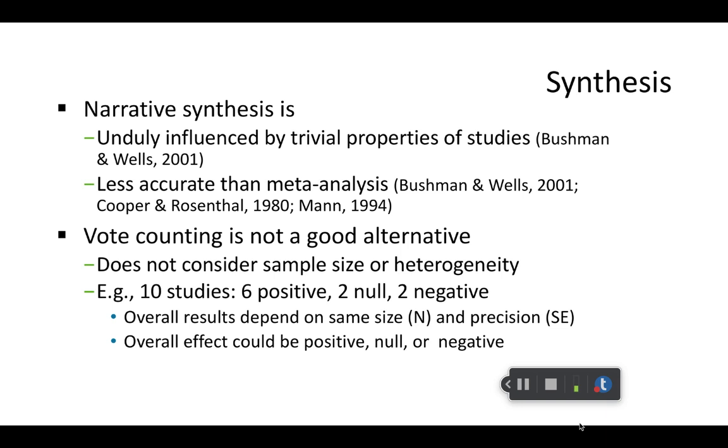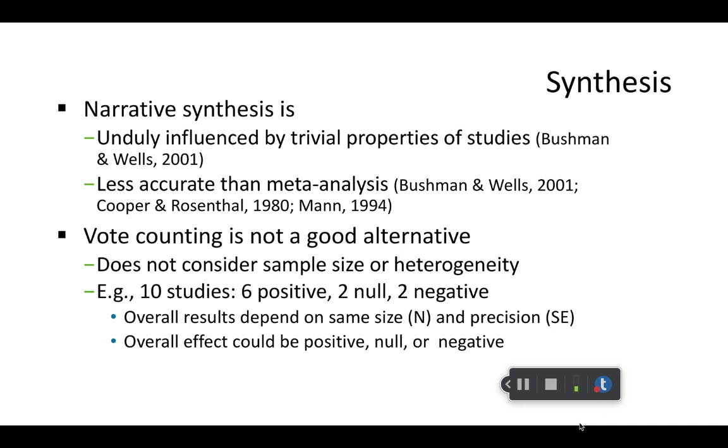And 2 of them had negative results. But this tells you absolutely nothing about what this body of research says, because it doesn't consider the size of these samples or the variations within them, the heterogeneity within different research studies. So the overall results depend on sample size and precision.